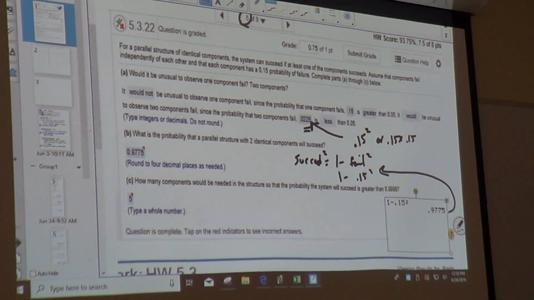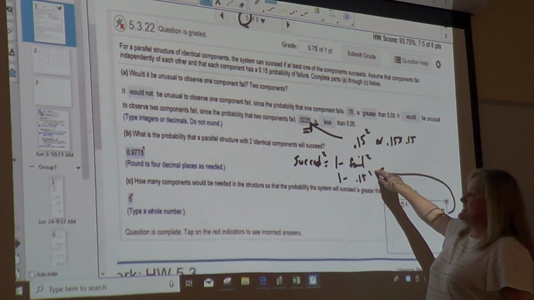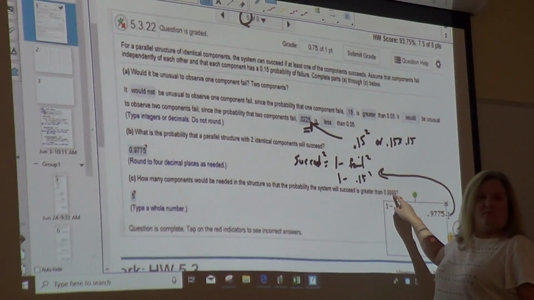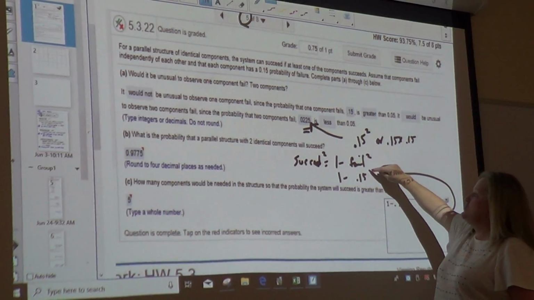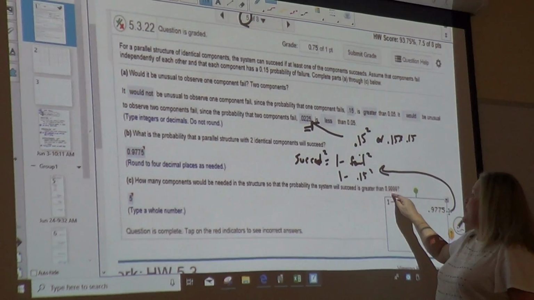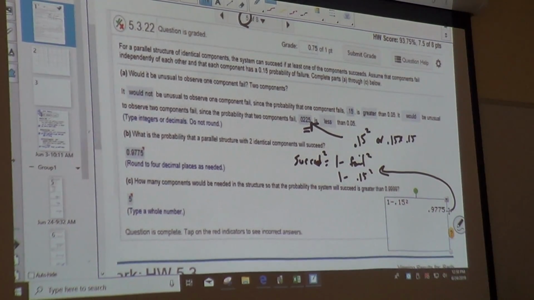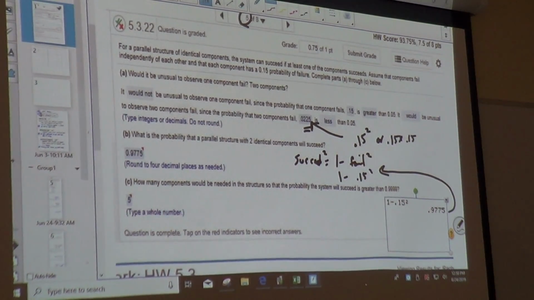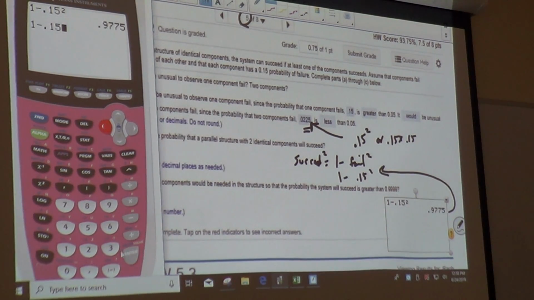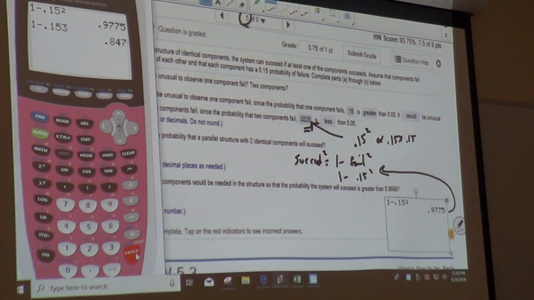Now, it's saying how many of these components will make my answer greater than 0.9999. So we just did 2 of those. I want to keep changing that until my answer gets bigger than 0.9999. So I'm lazy. I'm going to do second enter and back that thing up and change it to a 3. Oops, I didn't back that thing up too well. There we go.